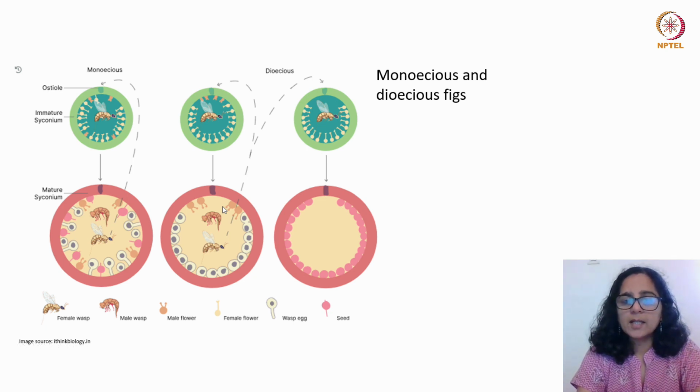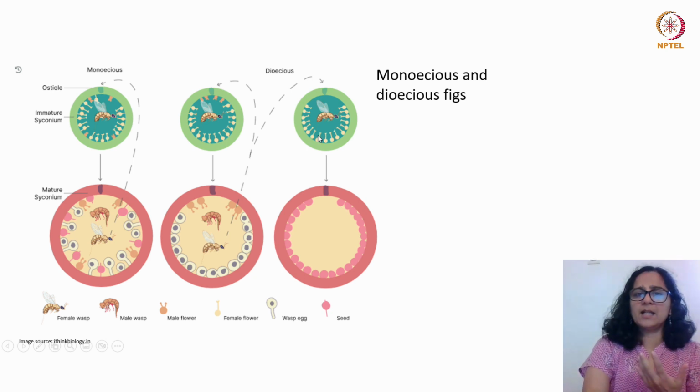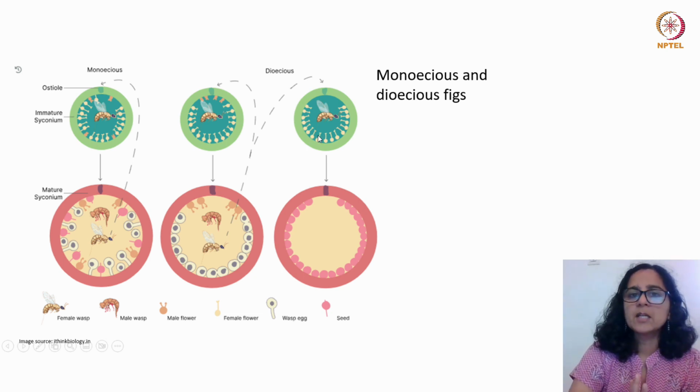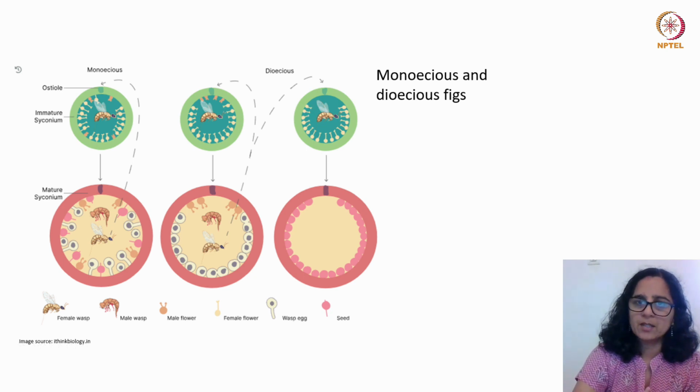So the question is, how do female wasps even enter? It's of no use for a wasp to enter these female-only syconiums, right?